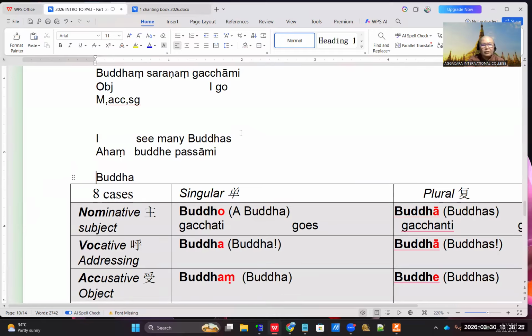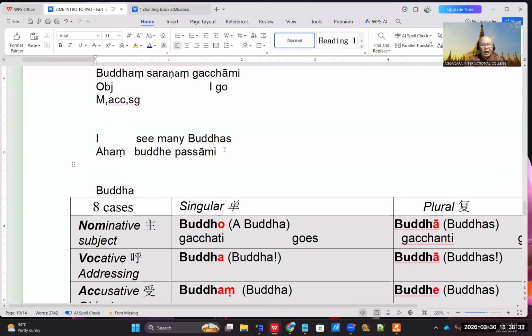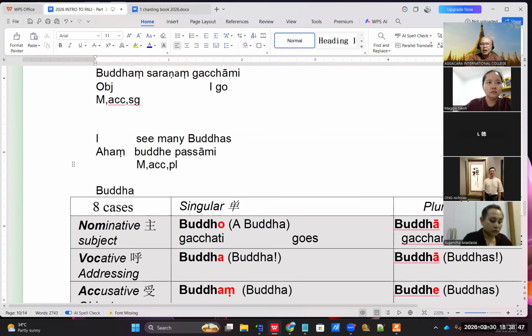Now, this is the object of 'I see'. Passami is 'I see'. Aham is 'I'. So Buddhe will be this one, accusative plural. So we have to write masculine accusative plural, Buddhe. So you just remember Buddho, Buddha, Buddha, Buddham, Buddhe.